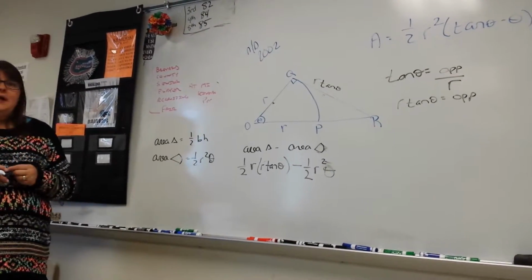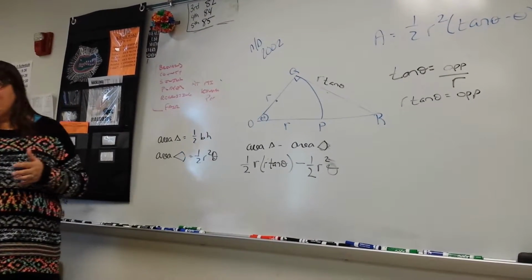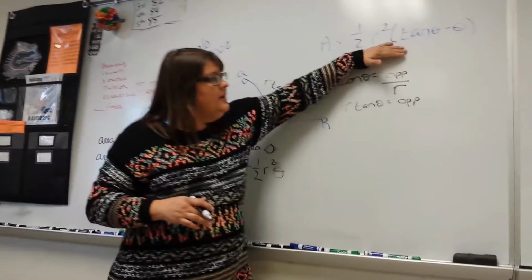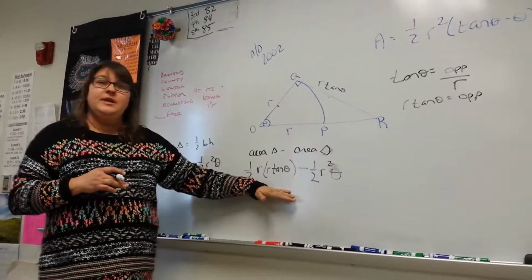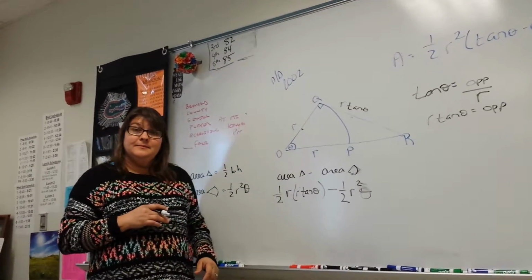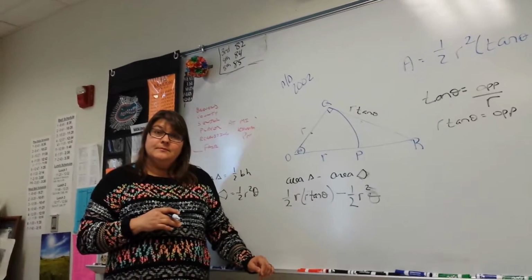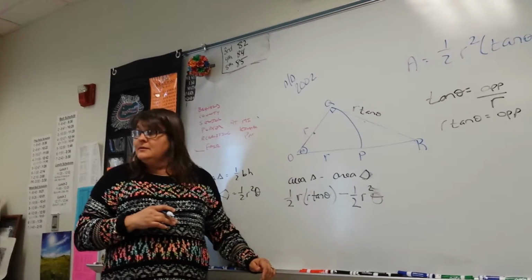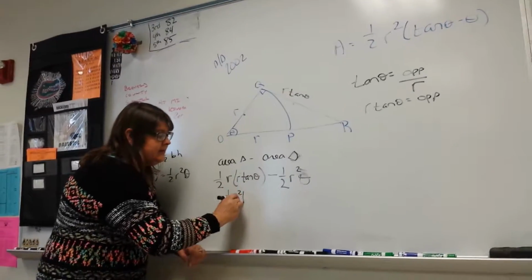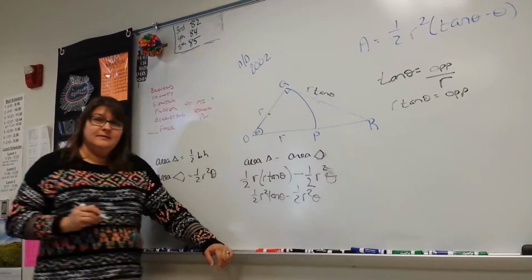So, kind of in my brain I'm saying, okay, do I have the word tangent, which I needed to have because it told me I needed to have? Yes. So look at what it looks like over here compared to what our stuff looks like over here. No, you need to factor something out. You can. Factor out an r and theta. And factor out 1/2 r squared. If I clean this up, it's 1/2 r squared tan theta minus 1/2 r squared theta.